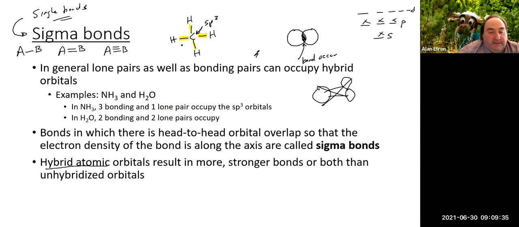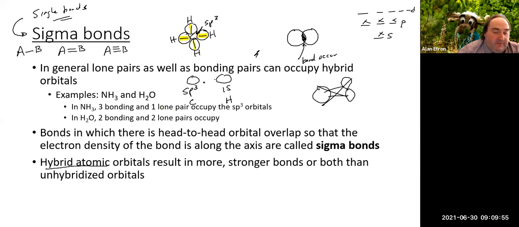Basically this would be 1 sigma bond, 2 sigma bonds, 3 sigma bonds, and 4 sigma bonds that would occur between an sp3 orbital in the carbon and a 1s orbital in the hydrogen.